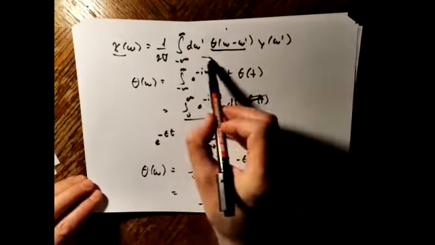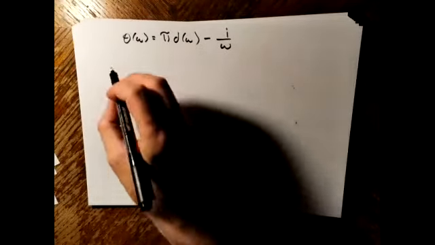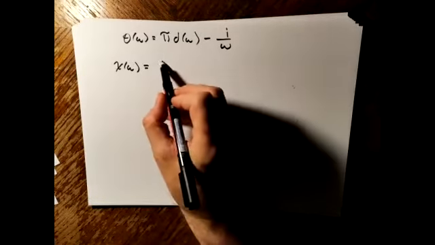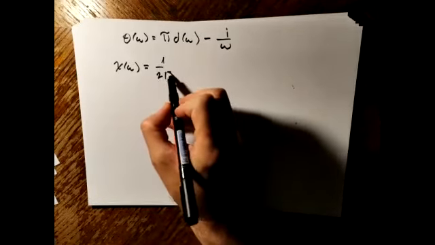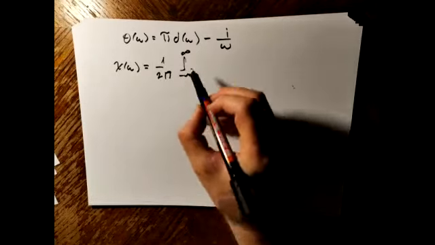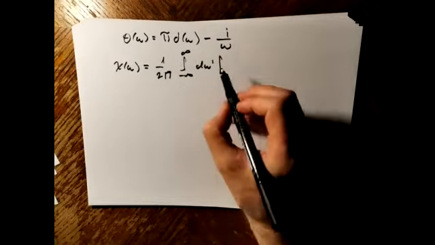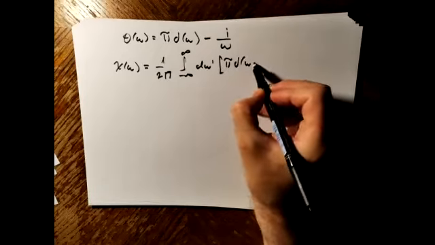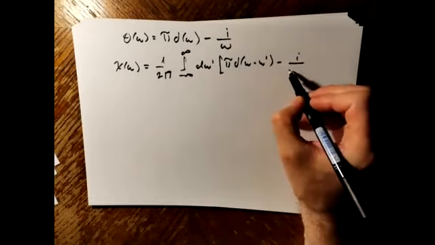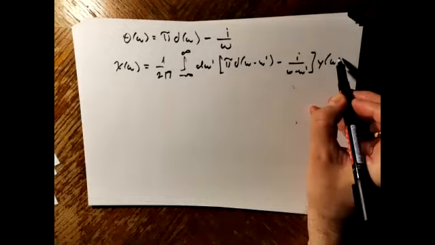Here's my susceptibility defined in terms of the convolution, and so my χ(ω) is equal to 1 over 2π, and I'm going to write it and derive it, ∫dω′, and here I write π times δ(ω−ω′) minus i over (ω−ω′), and then my function y(ω′).